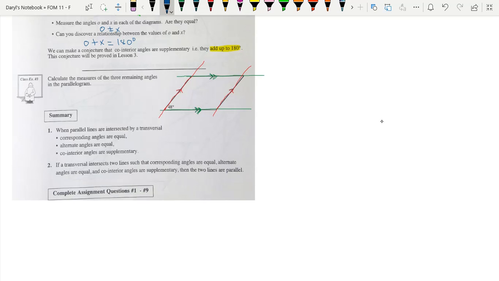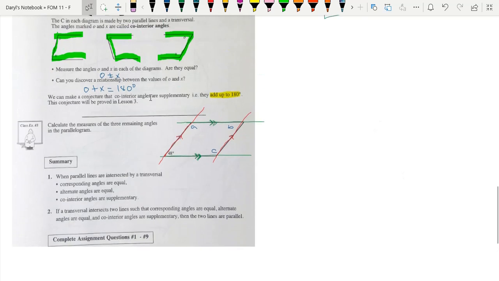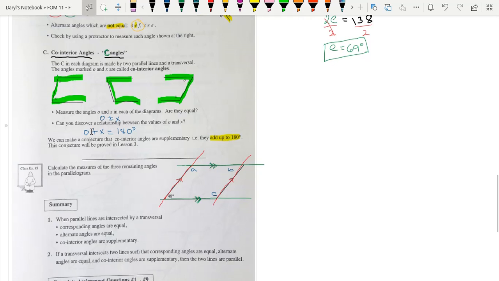I'm just gonna call this one A, and then B, and then C. Try to remember that we can still use the things that we've learned in the previous sections, like the F pattern and the Z pattern, as well as the C pattern in this particular case, which is just the interior angles.